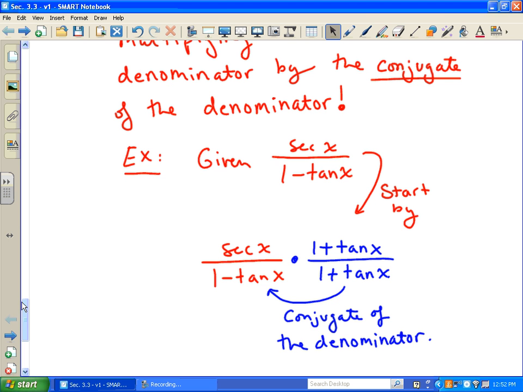You look in the denominator here and you see 1 minus tangent of x. The conjugate means that you keep the terms but you change the sign on the trig function. So the conjugate of 1 minus tangent of x is 1 plus the tangent of x. And by doing this multiplication, a lot of times this creates a Pythagorean identity in the denominator that you can then go and rewrite. This concludes the lesson on techniques and trig identities that you need to know for proving trig identities.